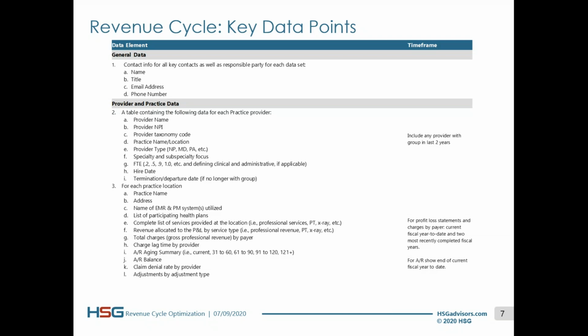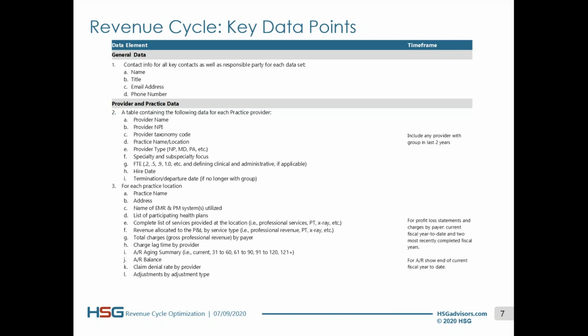An important point to make is the taxonomy code, because we've experienced situations, and in particular what comes to mind was in the ED or with hospitalists, with physicians who were working in the ED but maybe labeled as something else, as a family medicine or internal medicine physician, creating problems with certain payers when it came time to adjudicate those claims. Then provider type, what's their specialty.